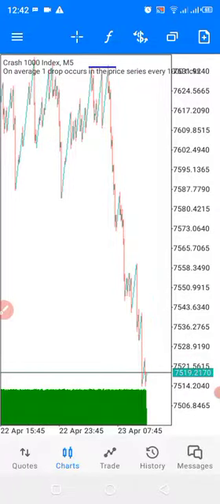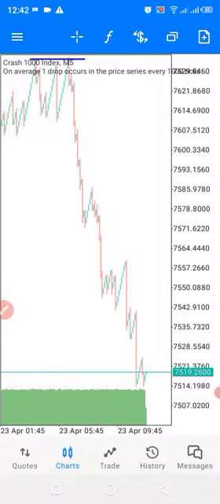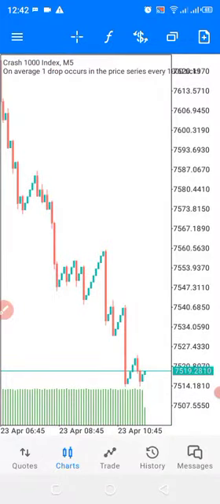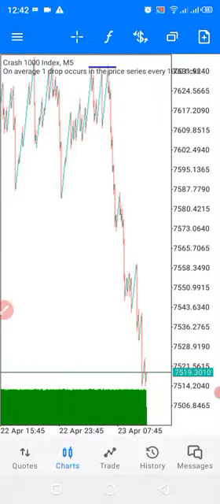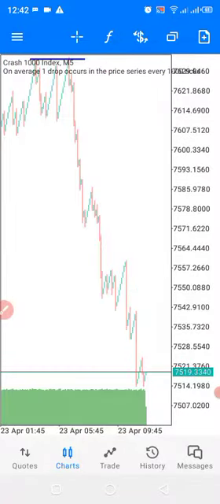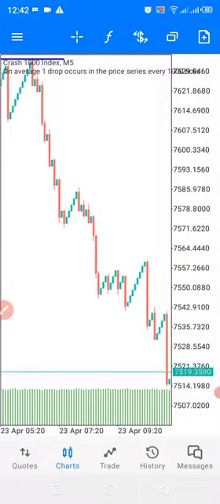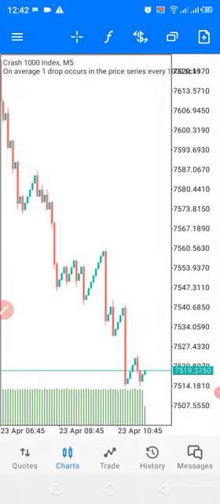To take this trade successfully, you have to zoom it to the third zoom level. This is the third zoom level, the last. So let's proceed.